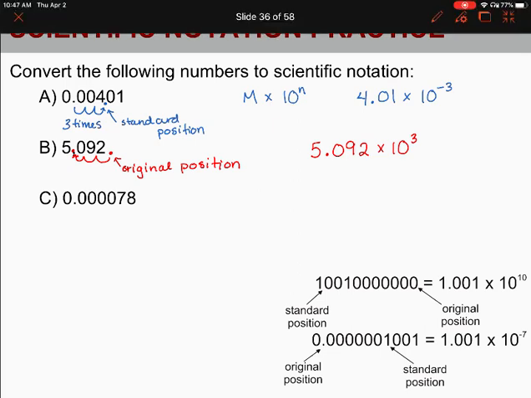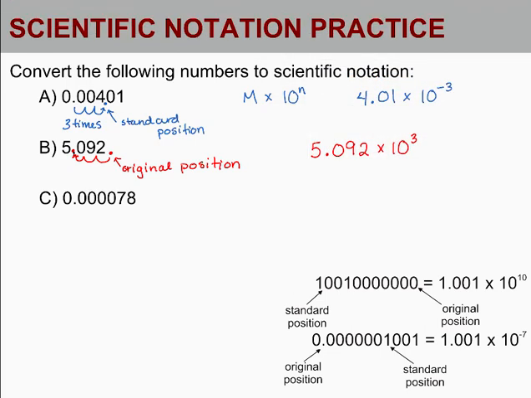All right, and now for the last example, I'll go back to the color blue here. We have another small value, 0.000078, and we need to figure out what our coefficient is. So if it has to be between 1 and 10, then we probably want to put our decimal between the 7 and the 8.